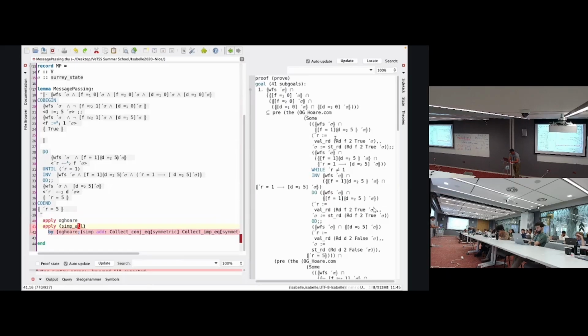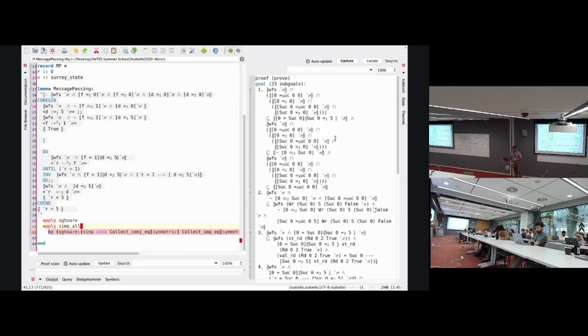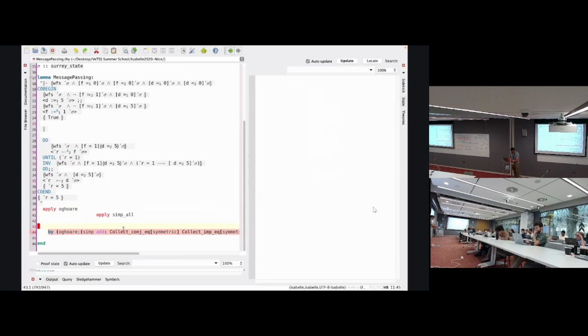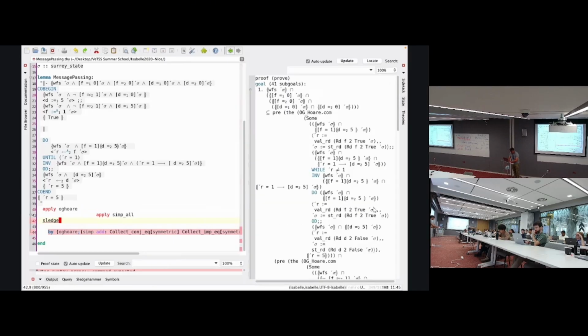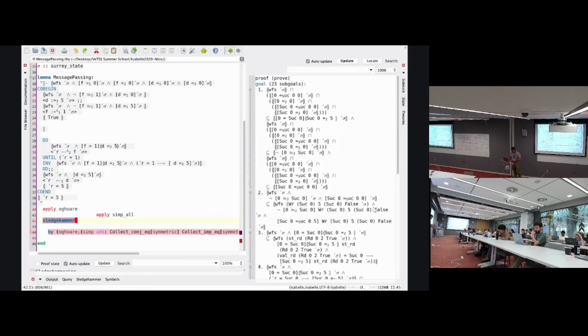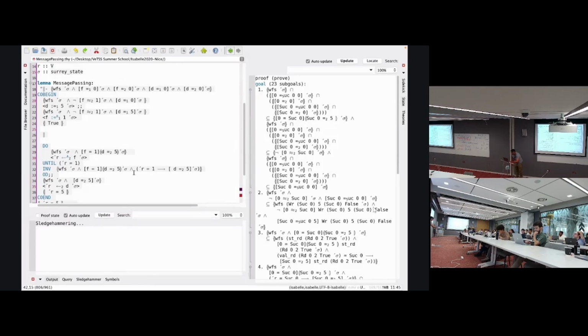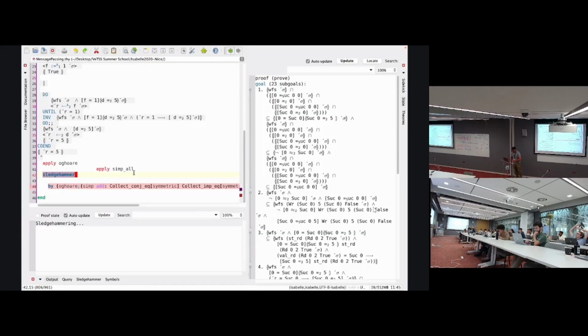And then I can go simple. So that was a big long list of 41 sub-goals, and then simp just throws away some. And then one of the things Isabelle has is the sledgehammer. So if you didn't know how to prove this, hopefully this one is sledgehammerable. Let's see. Live demos never work.